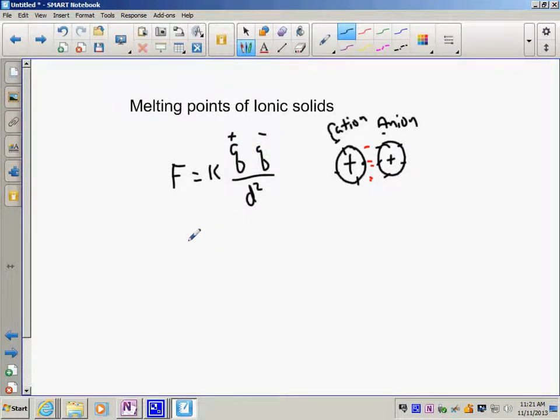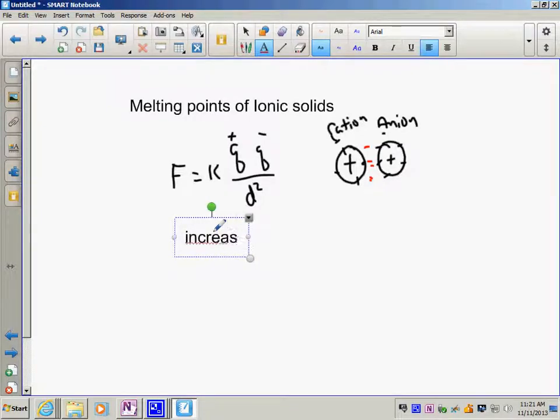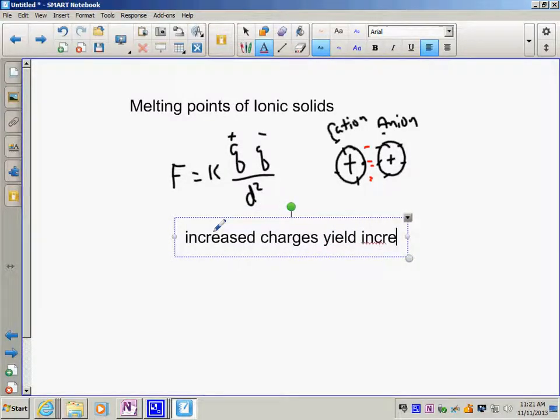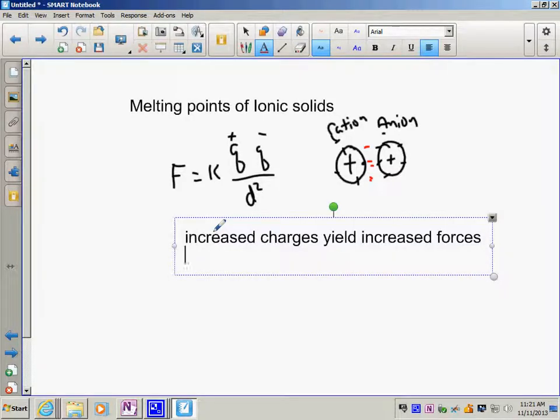So at this point, we could make a little assumption here that increased charges yield increased forces. This will therefore give stronger bonds.